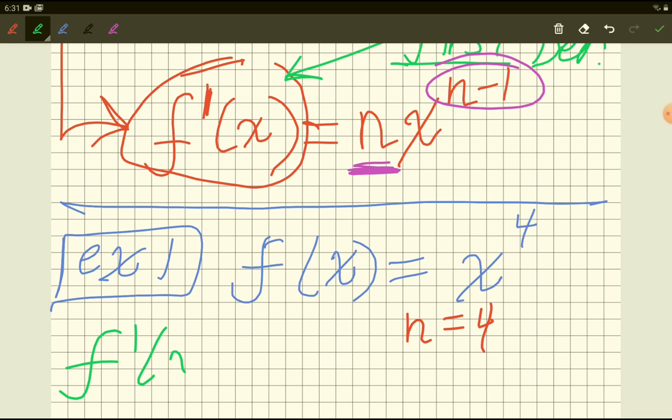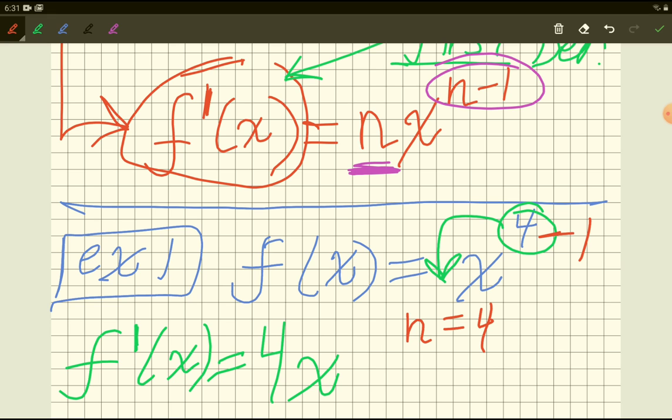The derivative, it tells me to find the first derivative. So the first derivative, that's a dash, it's not a 1. It tells me to put the exponent in the front. Keep the variable x, and then subtract 1 from the original exponent.